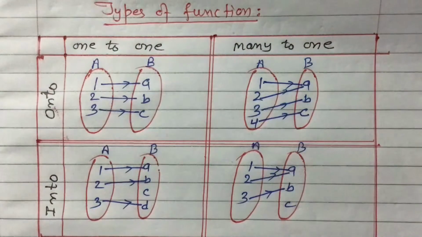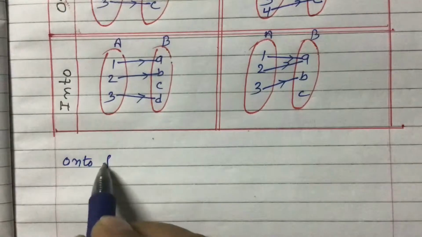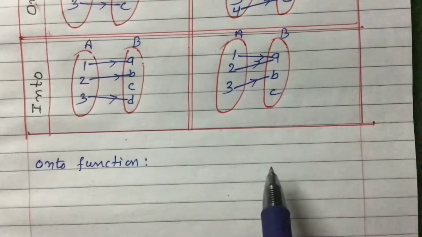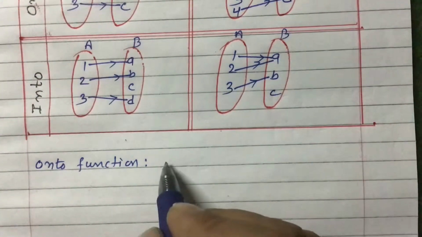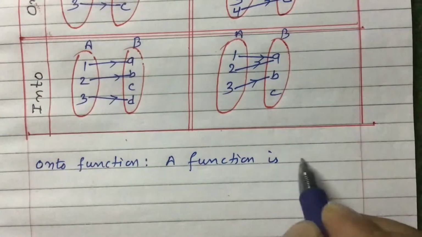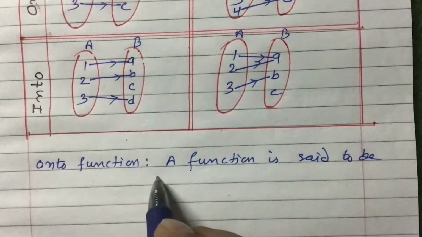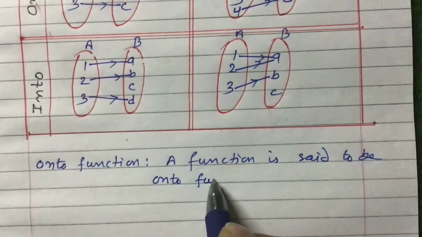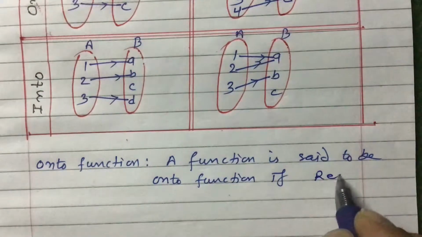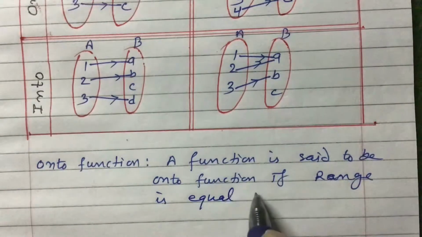So we can define onto function like this: a function is said to be onto function if range is equal to codomain.